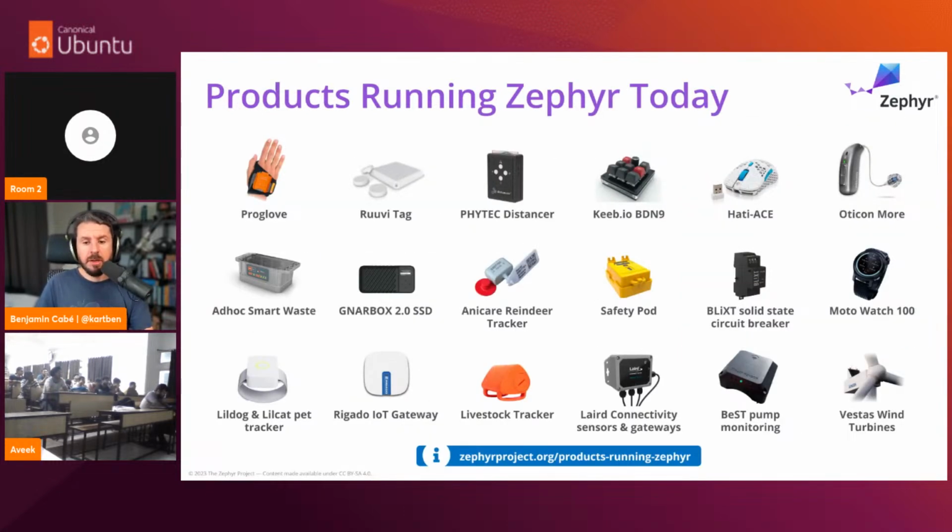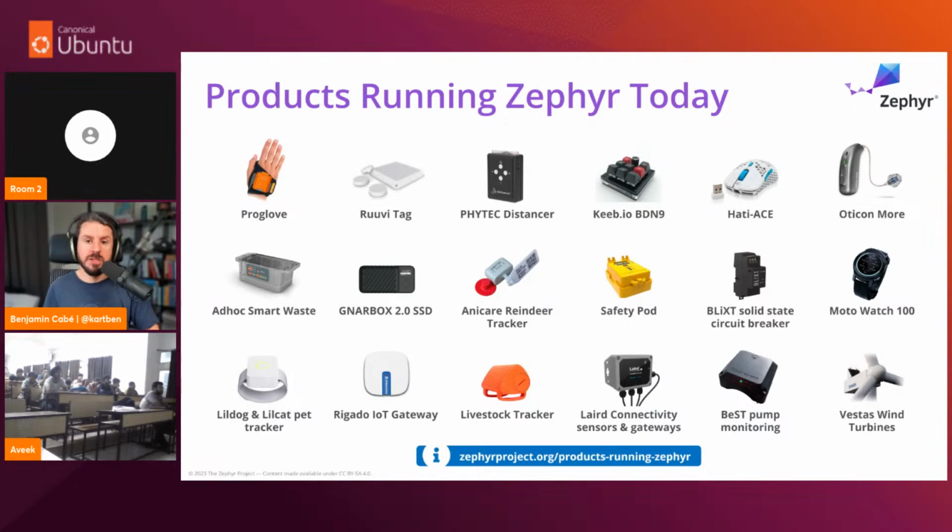Lots of products are running Zephyr today, and, double clicking on what I mentioned before, it goes all the way from really small wearables, or even small tracking devices that end up being put inside rhino horns so that you can track in real time the position of the rhinos.